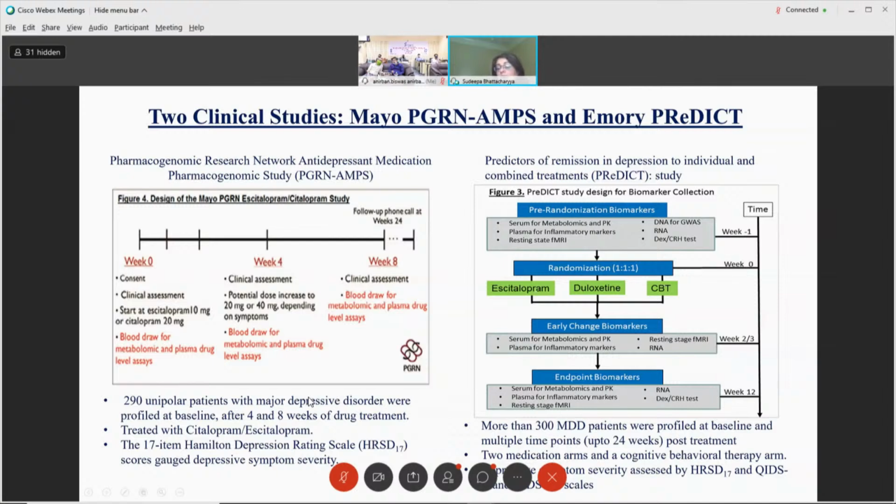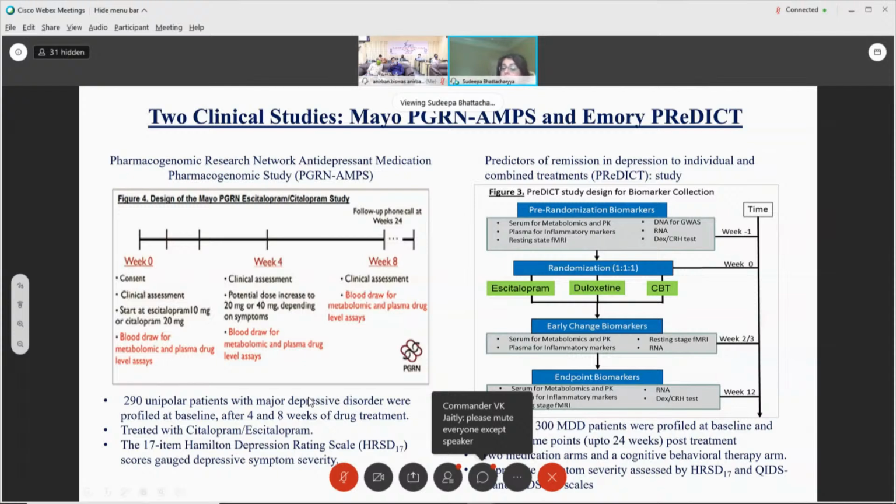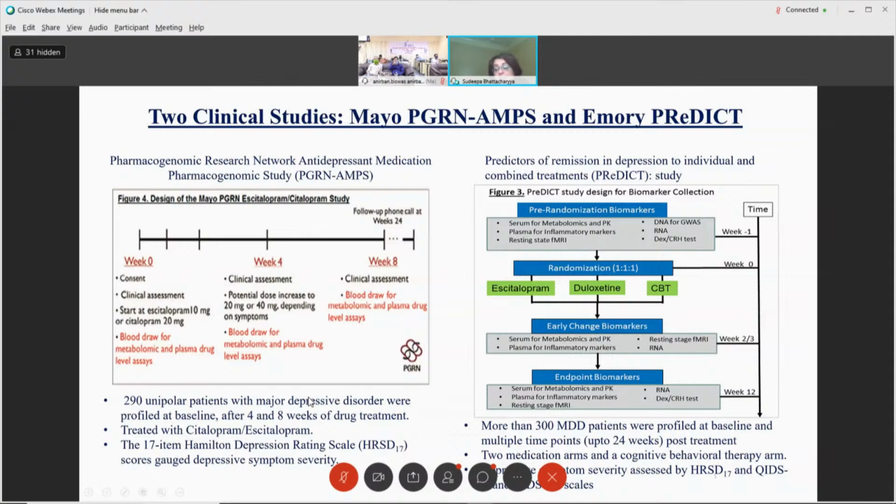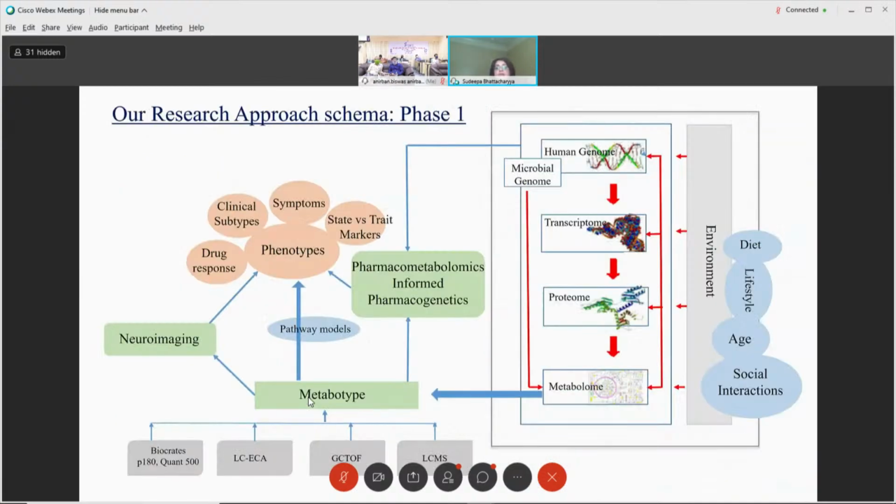Each arm consisted of about 100 MDD patients, who were also profiled at baseline and multiple time points up to 24 weeks post-treatment. Depressive symptom severity was again assessed by rating scales, HAM-D and also QIDS. I will concentrate mainly on the results we got from these 2 studies.